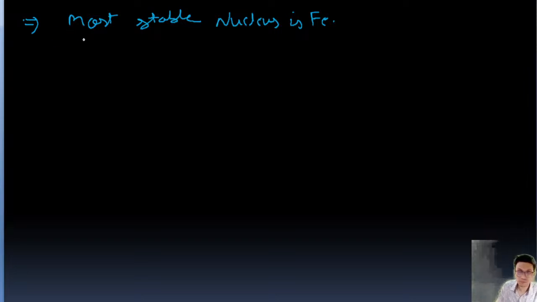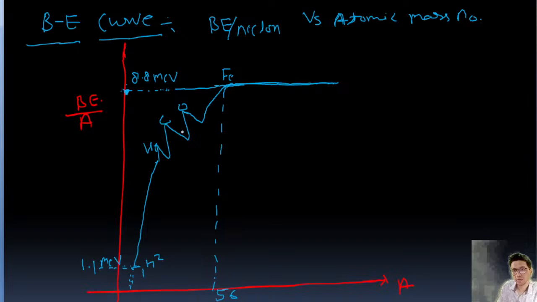The more the binding energy per nucleon, the more stable the nucleus will be. The binding energy per nucleon for Fe is 8.8 MeV, as you can see in the figure.